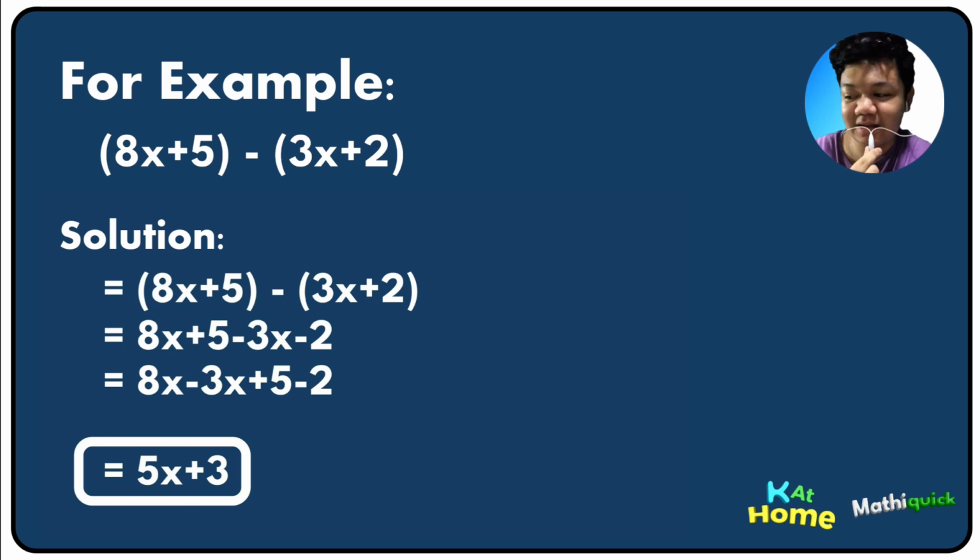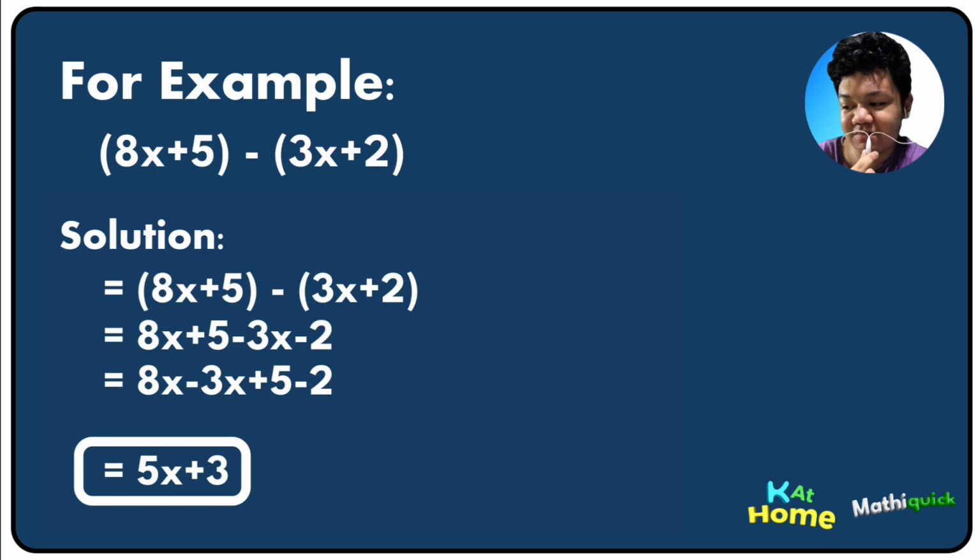We can identify that between these two parentheses is a subtraction sign, and with the rules of the distributive property, we're going to distribute the subtraction, or now negative sign, inside the second parenthesis, which makes the positive 3x into a negative 3x, while the positive 2 becomes a negative 2. Bringing down the first parenthesis and removing the parentheses, we now have 8x plus 5 minus 3x minus 2.